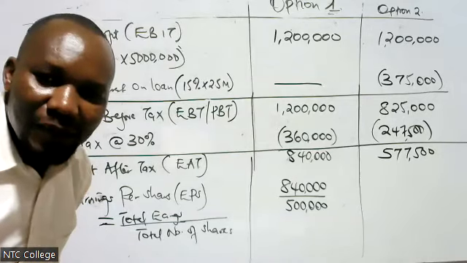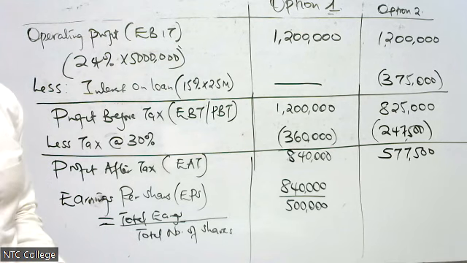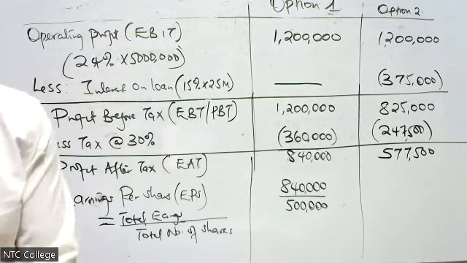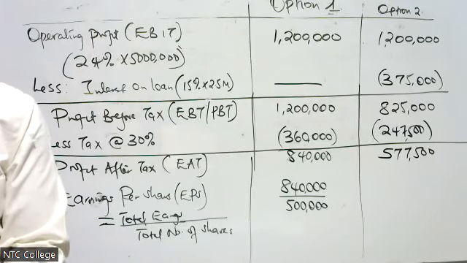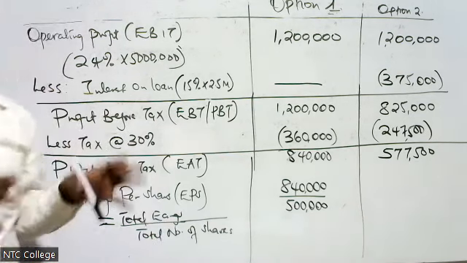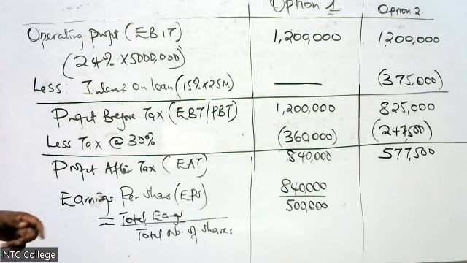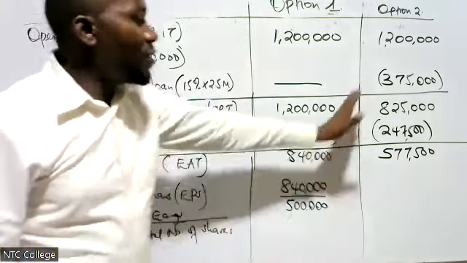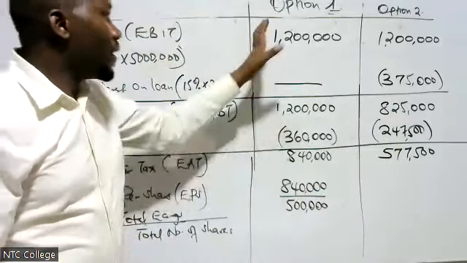Does it make sense? Do you understand something? Or is there somewhere you are confused? We are saying that we are now calculating the impact on the value of shares for each shareholder. And so for us to know the impact, we have to compare EPS here and EPS here. What will be the return on each share on these options?